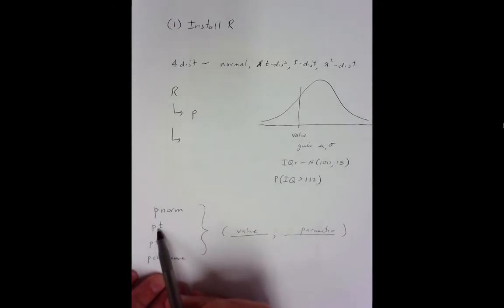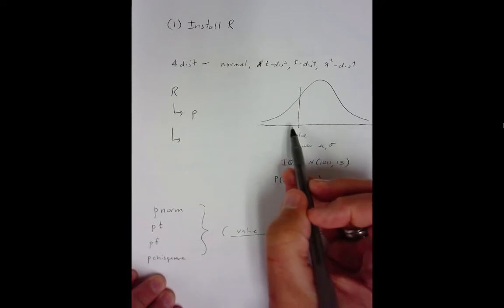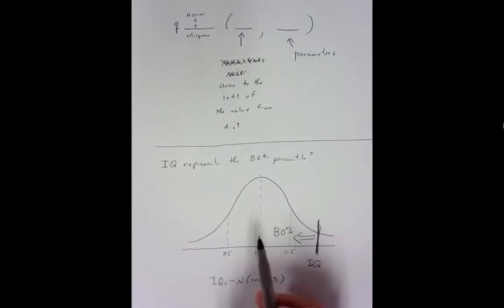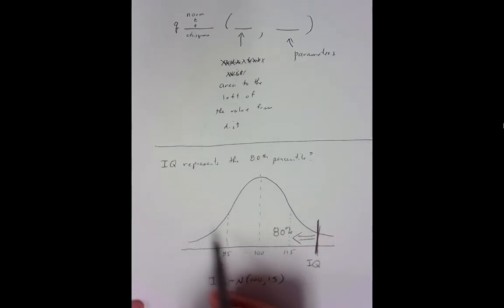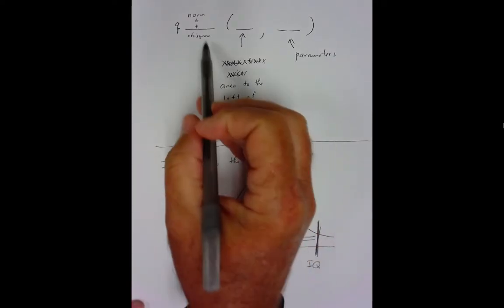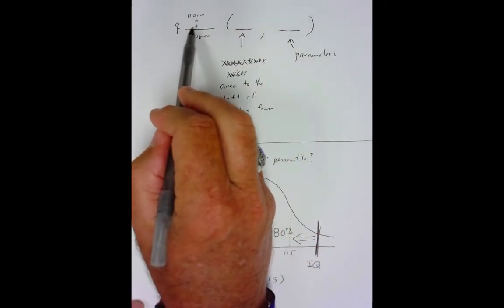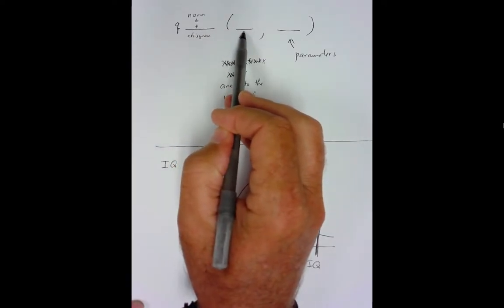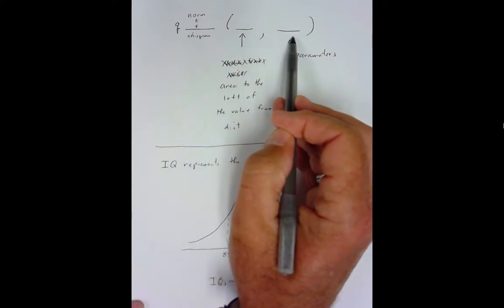The p function works the same way as the q function, except the p function takes a value and finds this area. The q function is given the area, and you're trying to find the score from the distribution that corresponds to that. The q function is really simple: q, the underlying probability distribution you're using, the area to the left, and the parameters.